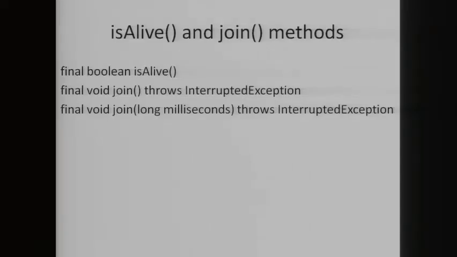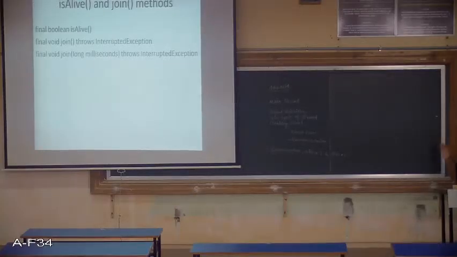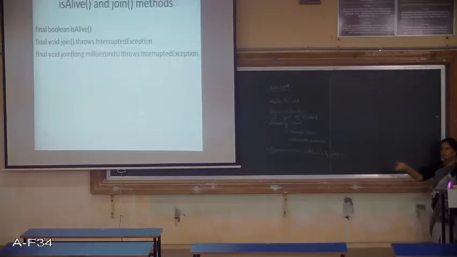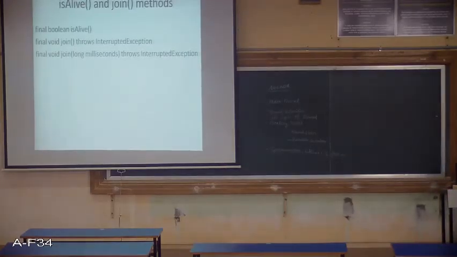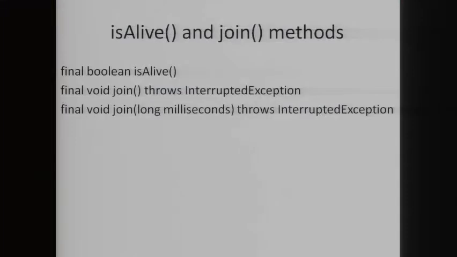When we have multiple threads, like in the previous program where we created three child threads, and a thread wants to know when the other thread is going to terminate, how do we do that? There is a method called isAlive. The isAlive method returns true if the thread upon which it is called is still running, otherwise it returns false.